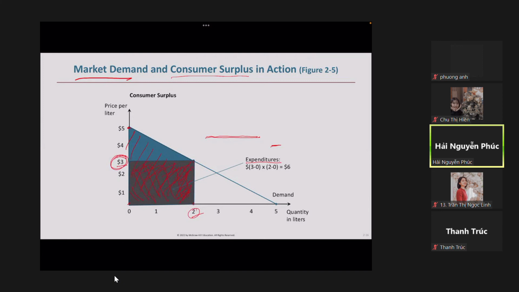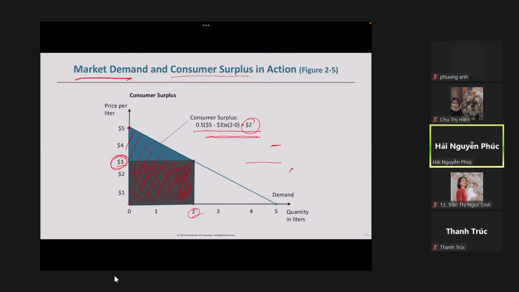The quantity sold is 2, and the price at which the good was sold is 3. So the total expenditure is 6. The difference between the consumer value and the total expenditure is the consumer surplus, and in our example it is equal to 2.